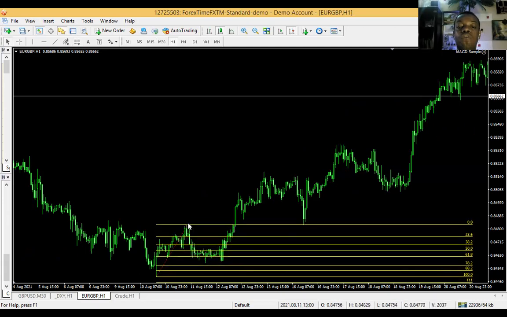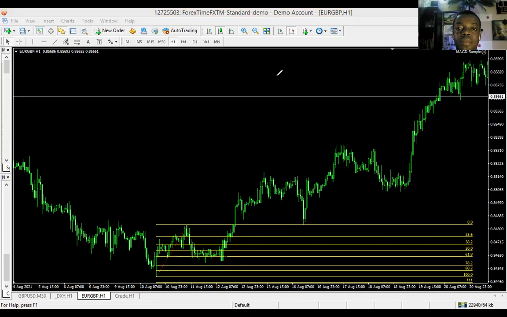Now I want to know what level the market got to before it pulled back. Remember, we said that the golden Fibonacci numbers are the 61.8 level, the 50 level, and 38.2, these levels that I mentioned here. This one is the 61.8 Fibonacci level. Let me change it to white.